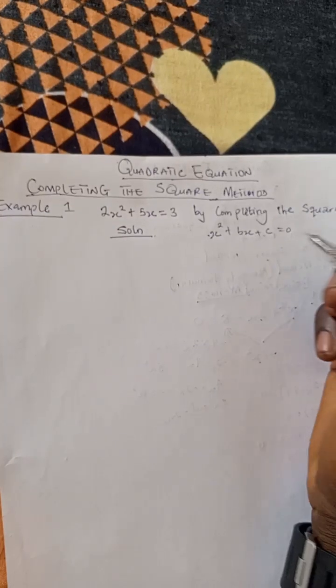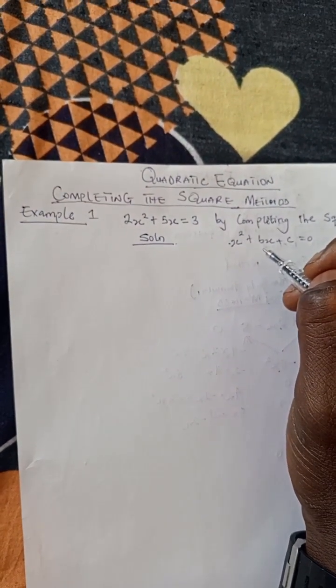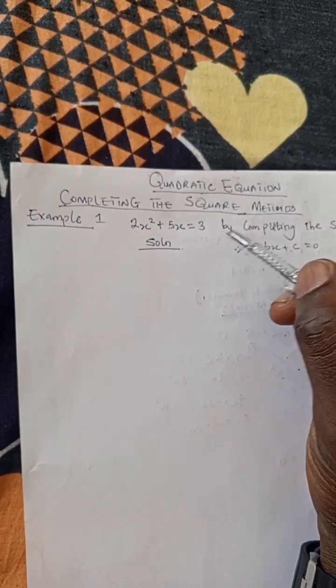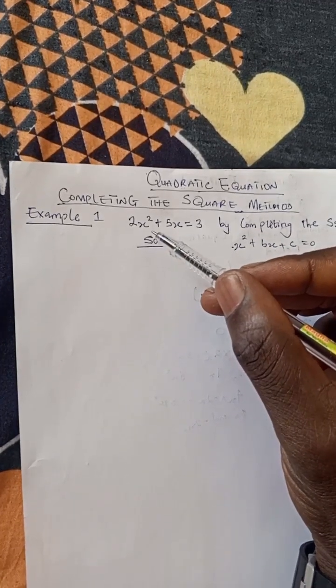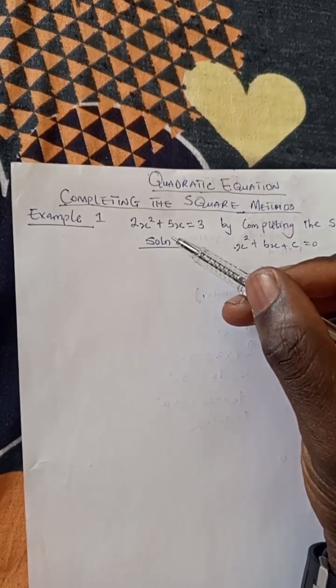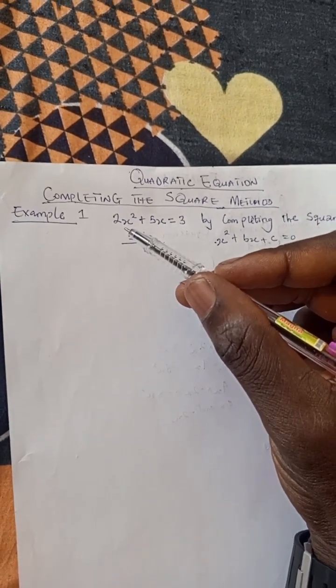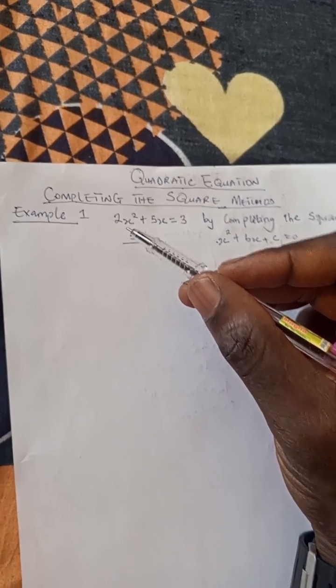So what do you do? You have to make it equal to 0. That means you're collecting the like terms, everything comes to this side and then you equate it to 0, and make sure that the coefficient of x squared is a positive value, and it must only be an x squared.